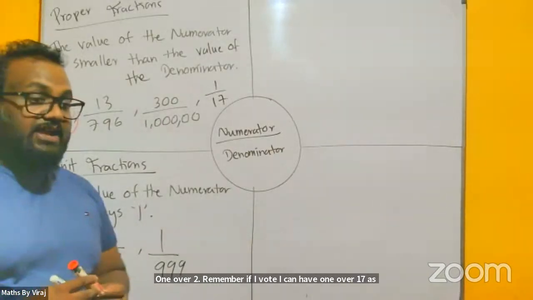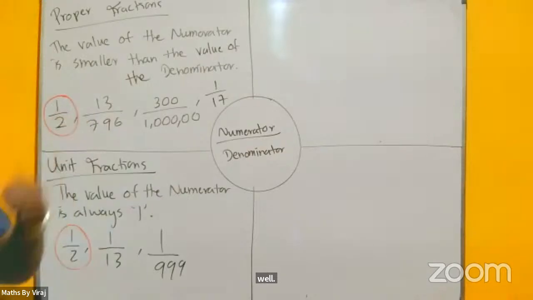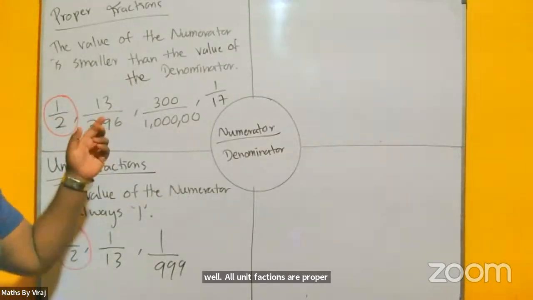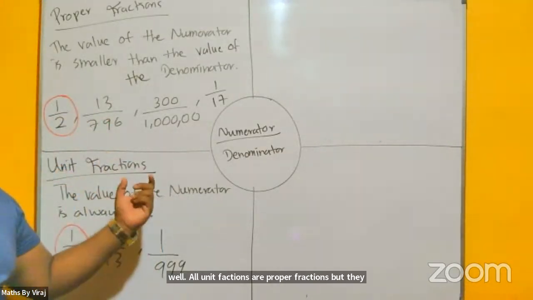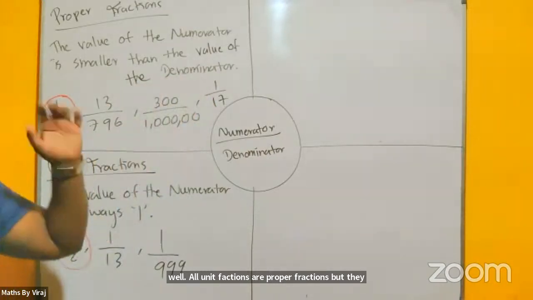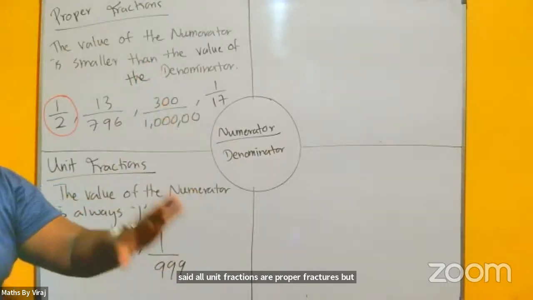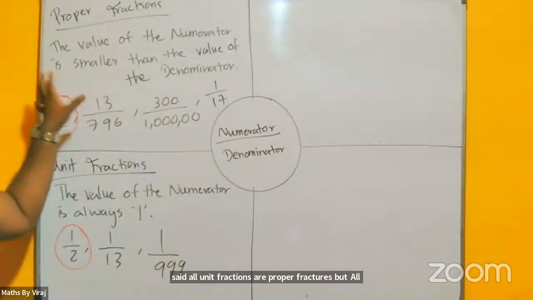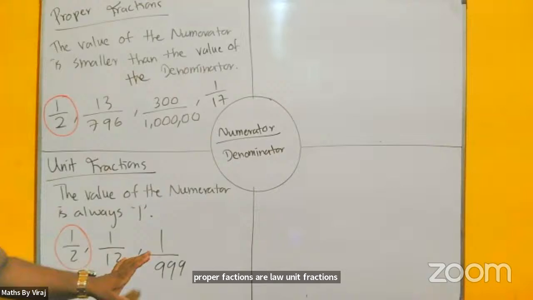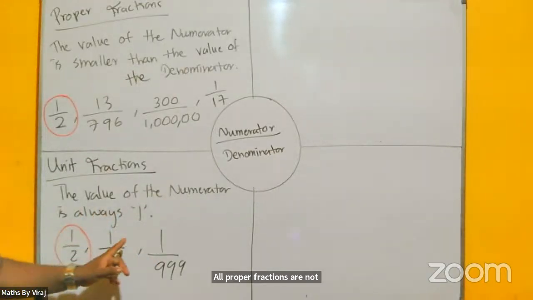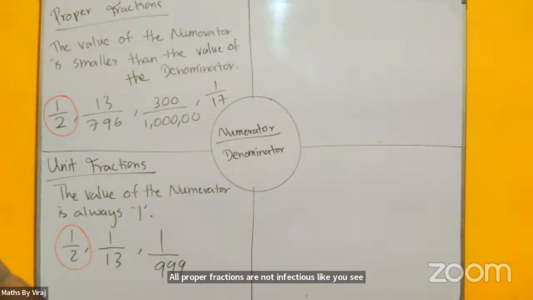All unit fractions are proper fractions. What is it? All unit fractions are proper fractions. But all proper fractions are not unit fractions. Why? You see that the numerator is obviously smaller than the denominator.